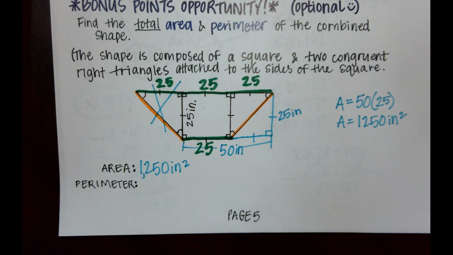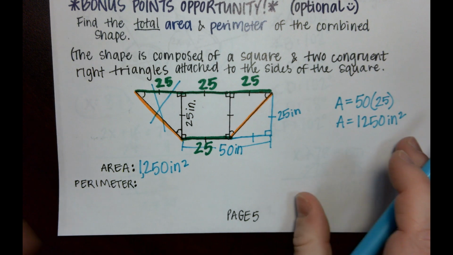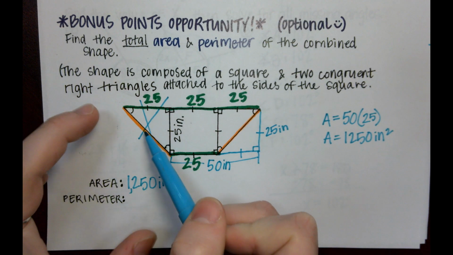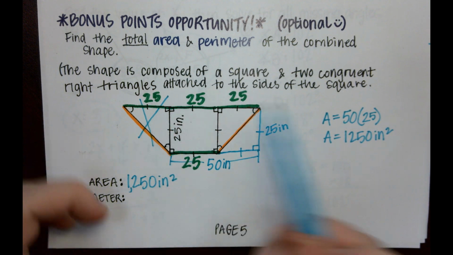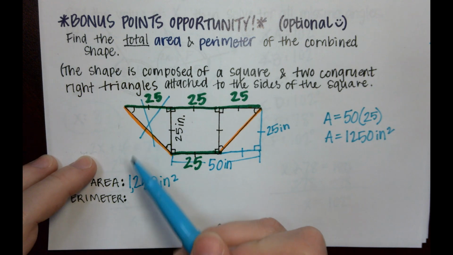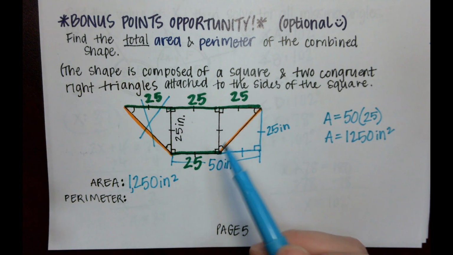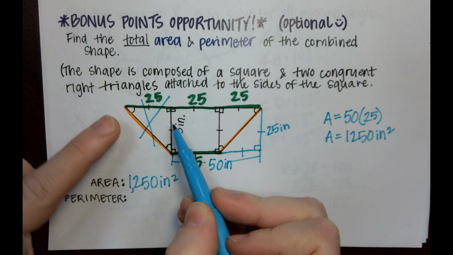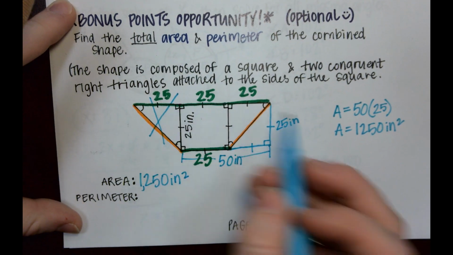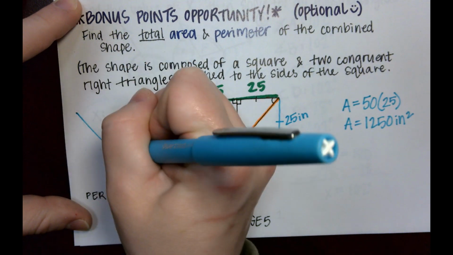You stumped? Okay, so let me show you the 2 ways. That's okay, we haven't done these together. That's why it's a bonus. So what we have here is 2 triangles that are the same. So if I solve for one side, I know that I can solve for the other. It means that they're the same. But let's notice what's happening with these triangles. I'm going to pull one of them out.